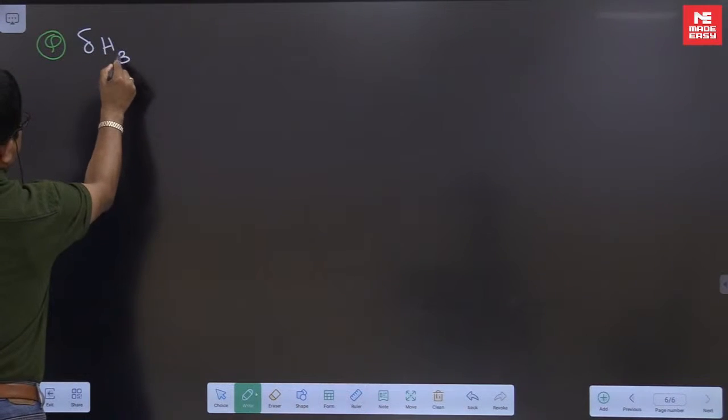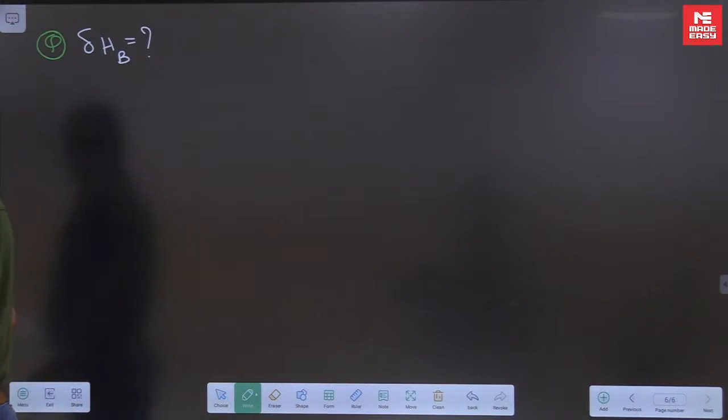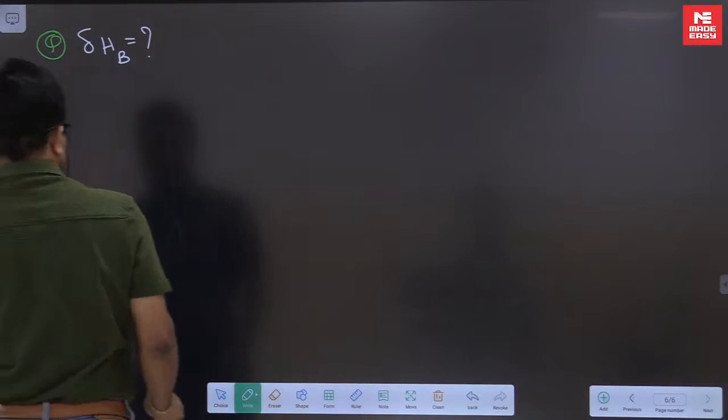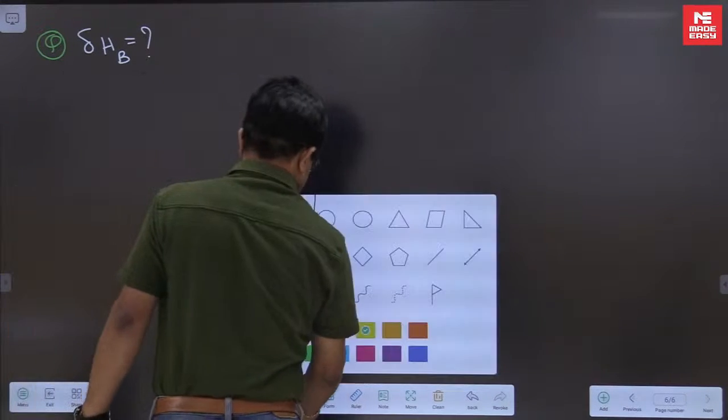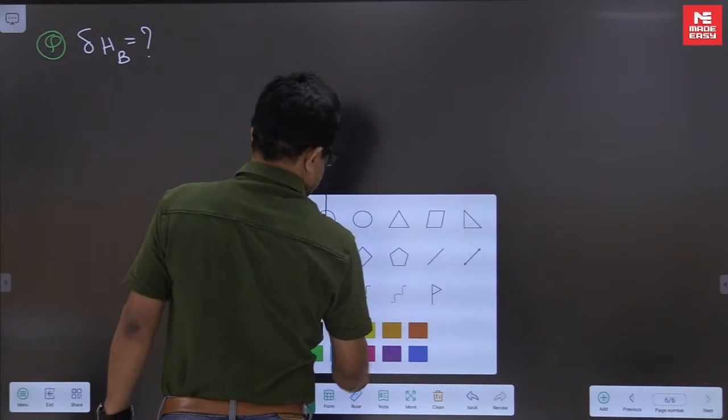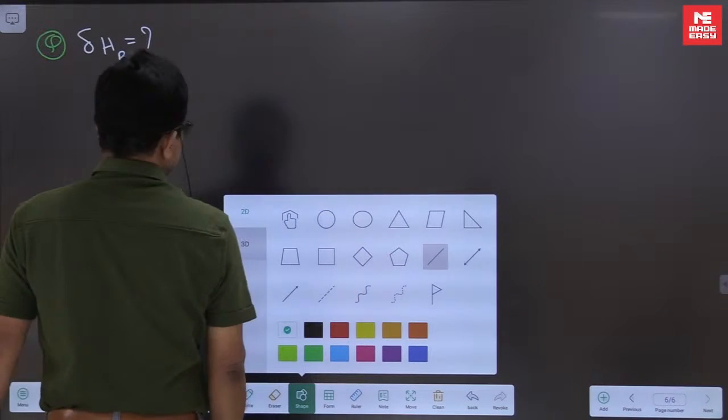Horizontal displacement of joint B, delta HB. Okay.